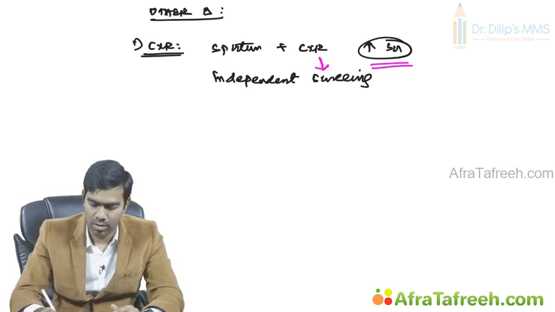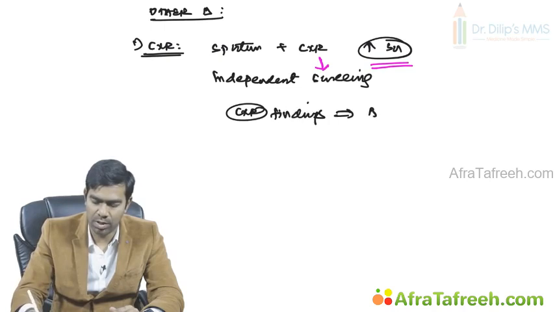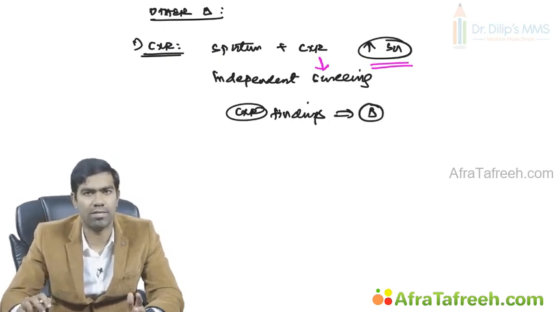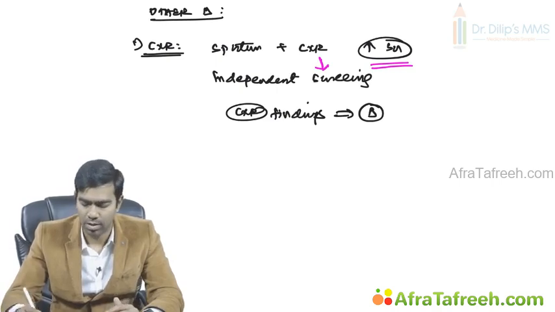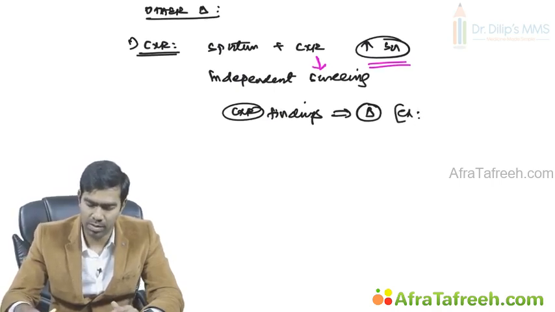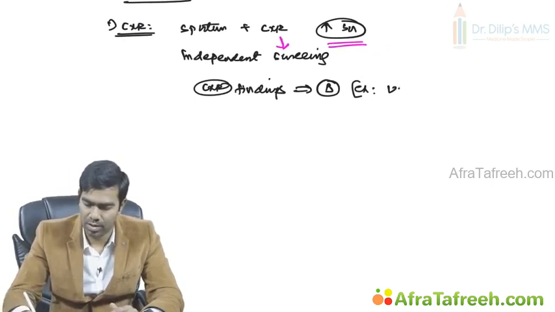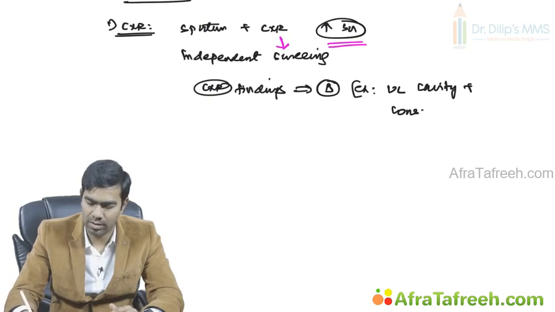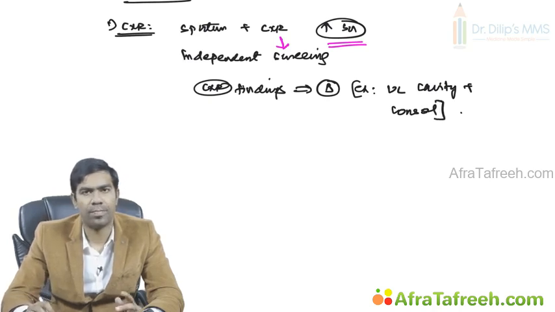Then certain chest X-ray findings itself can be taken as TB unless proved otherwise, which means certain chest X-ray findings itself will be diagnostic. The best example for this will be if the patient is having an upper lobe cavity with consolidation.